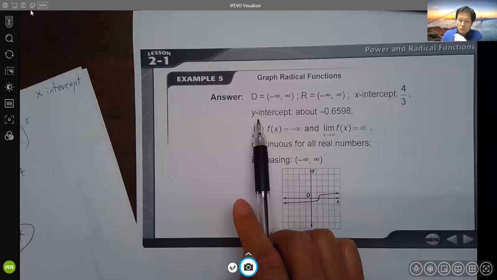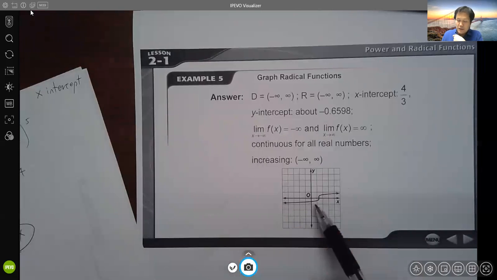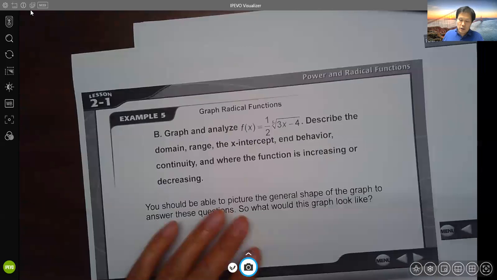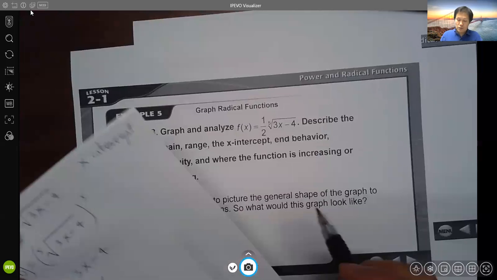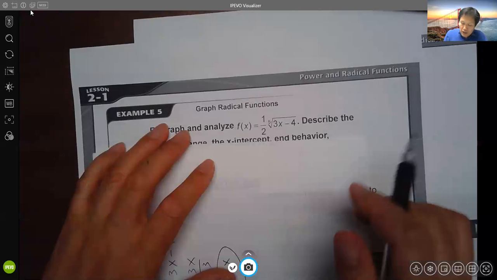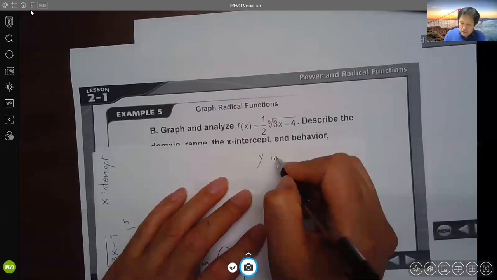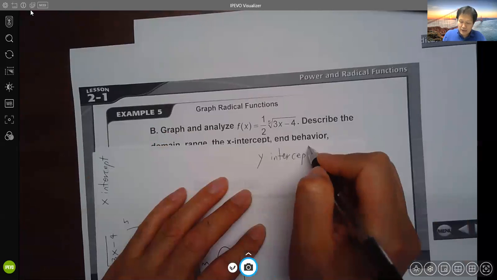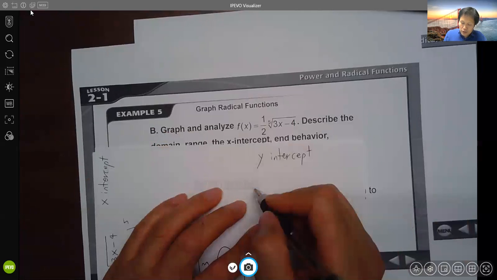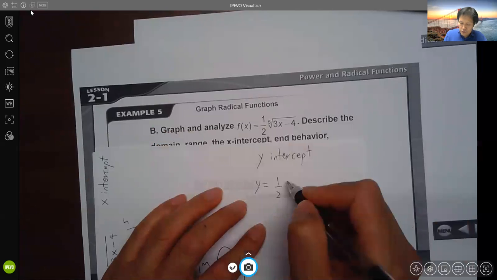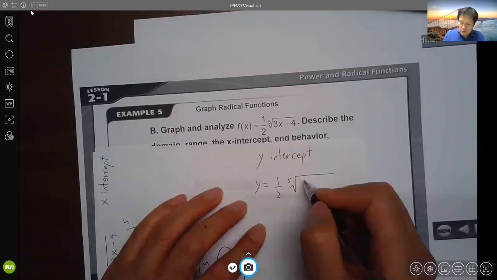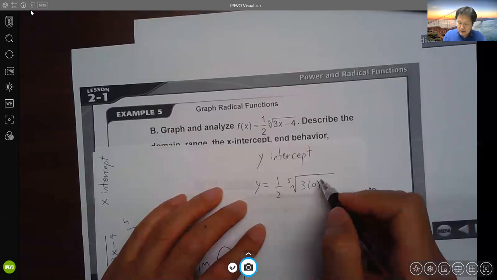Y-intercept. The y-intercept is some decimal here. So for the y-intercept, plug in x as 0. So y equals 1/2, fifth root of, plug in 3 times x, which is 0.